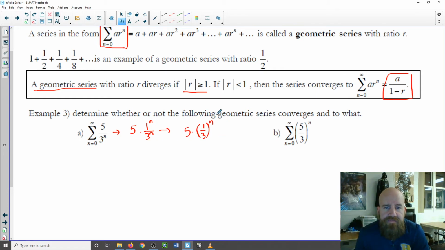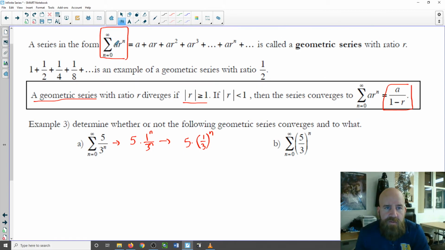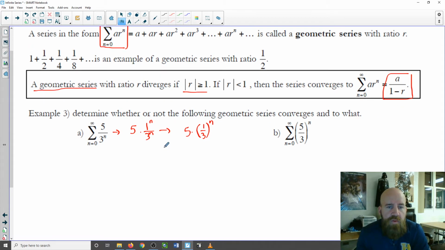So this is definitely in this format. A would be 5, r would be 1/3, to the n power. So we can plug into this equation. We can say that this 1/3 is less than 1, so we know it does converge.